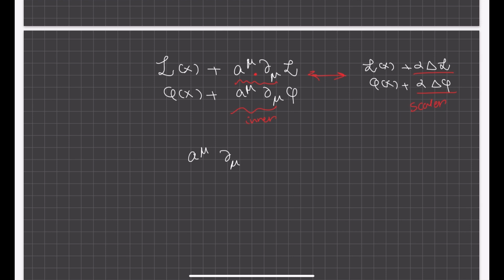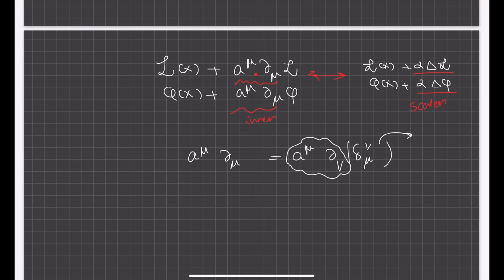And the index is arbitrary; you can choose which one to change. I can write it as a mu, and instead of derivative mu, I write derivative nu. So I change the component and then I use some delta operator here. This delta operator is essentially making the relationship between these two a scalar. And then the delta goes inside with the rest of the thing.